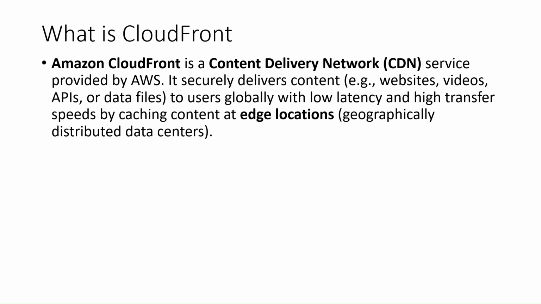Fine. How? Because of the edge locations or the edge servers. Assume that in Mumbai AWS has an edge location or edge server, where it is going to store data that is far away from Mumbai.